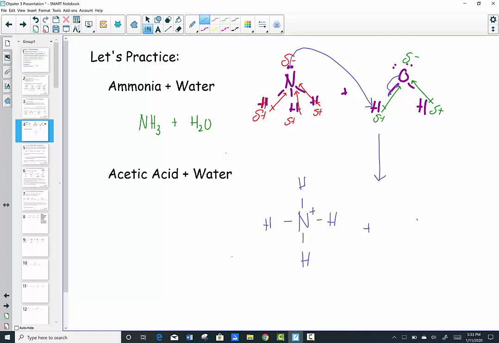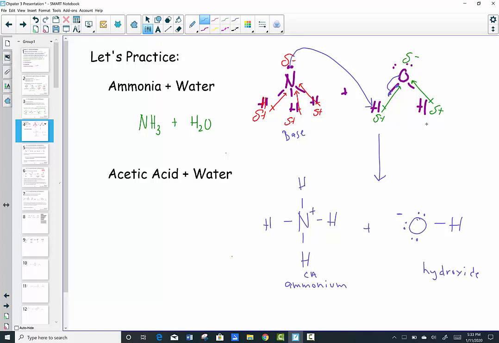This would be the OH with 3 sets of dots and the negative charge to represent the formal charge on hydroxide. So ammonia has turned into ammonium, and water has turned into the hydroxide ion. A proton has been transferred. Ammonia was a base. It accepted a proton, forming its conjugate acid.